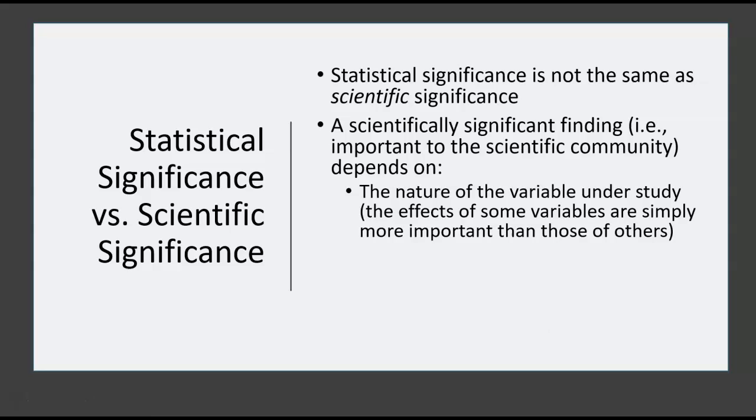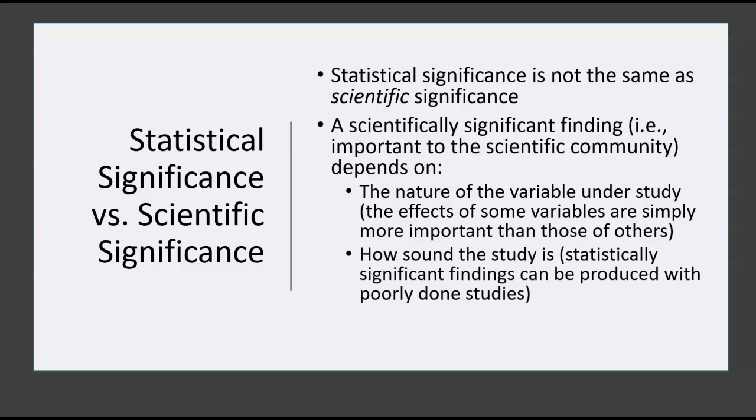So one factor that determines whether a scientific finding is meaningful to the scientific community is the nature of what you're studying. Some variables that we're looking at are simply more valuable for us to understand. Like with coronavirus research right now, it's devastatingly important that we understand it.